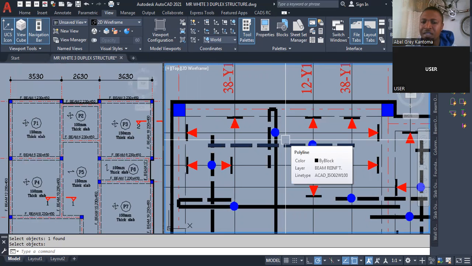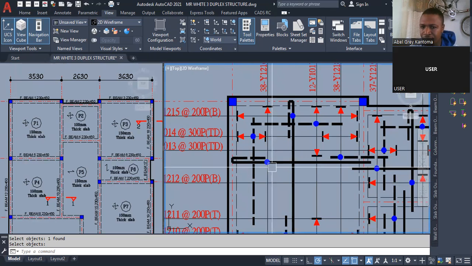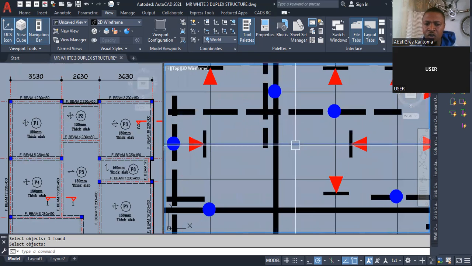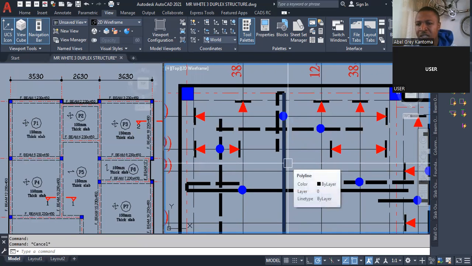That's why you see that they are not the same type of line. This other one they use for calling out is a bit lighter. It's not as thick as this one. It's just to give those lines a difference so that it will not be difficult for anyone to interpret. Do you get what I'm trying to say?